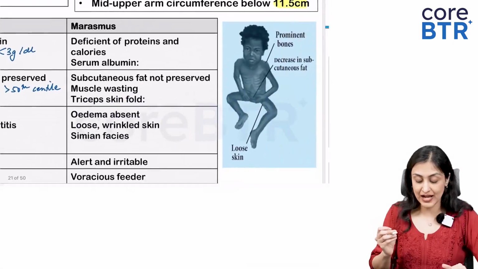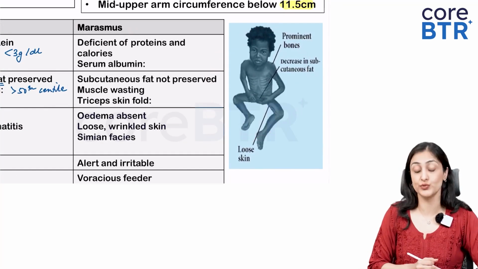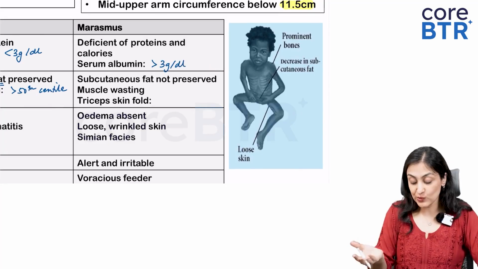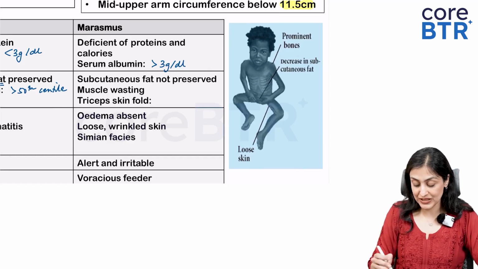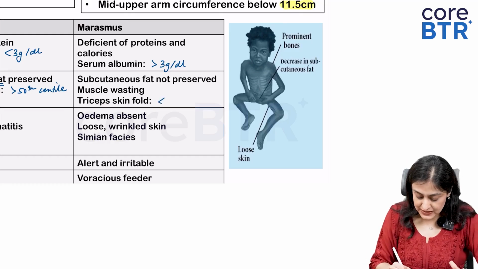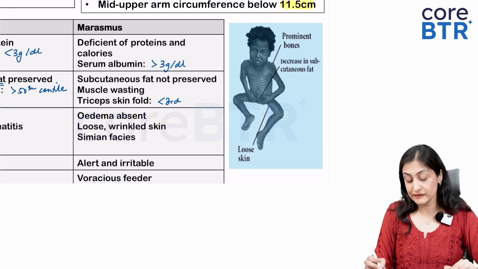On the other hand, marasmic babies are those who are not getting any calories, no food. So their albumin relatively is preserved, but they don't have subcutaneous fat. Look at them. You can see the bones, right? These facies are called simian facies. So the tricep skin fold is thin, right? The subcutaneous fat is wasted, muscle wasting is happening.